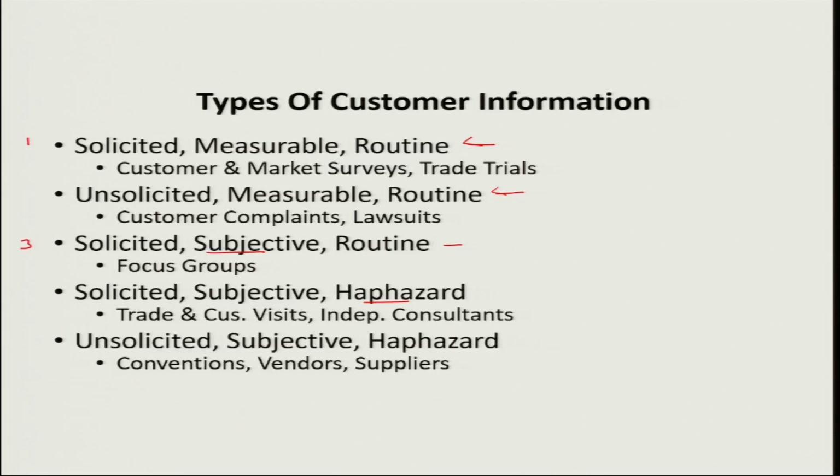And it can be totally unsolicited, subjective and haphazard. It can come at conventions, from vendors and suppliers, who may give some random thoughts about the product and how to improve it. So it can come through several quarters in several ways, and that is the basic foundation for a QFD.